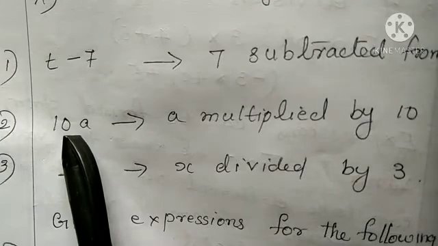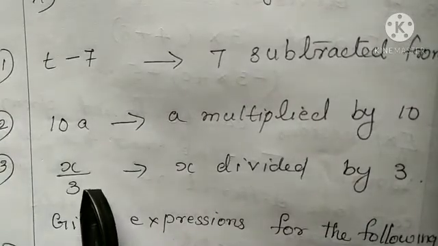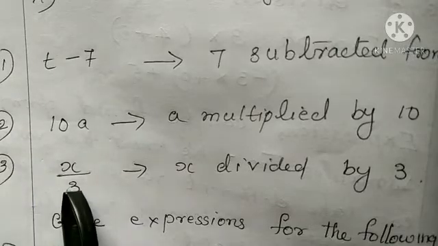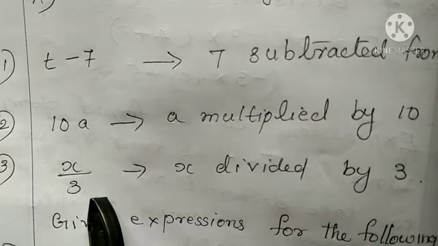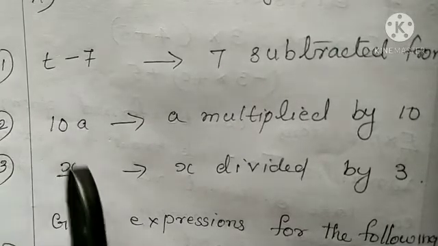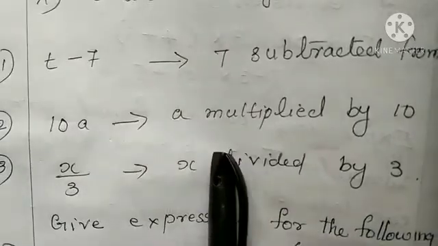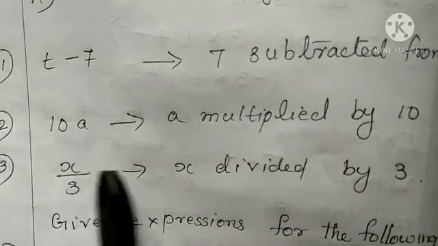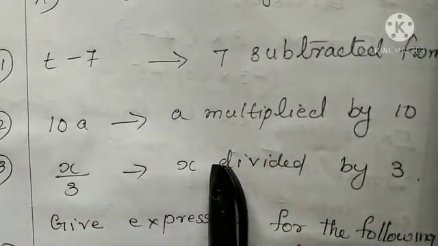Then x by 3. How is it formed? x divided by 3. This is the way we convert an expression to a statement. If the statement is given, we have to write the expression. If the expression is given, we have to write the statement accordingly. Okay?